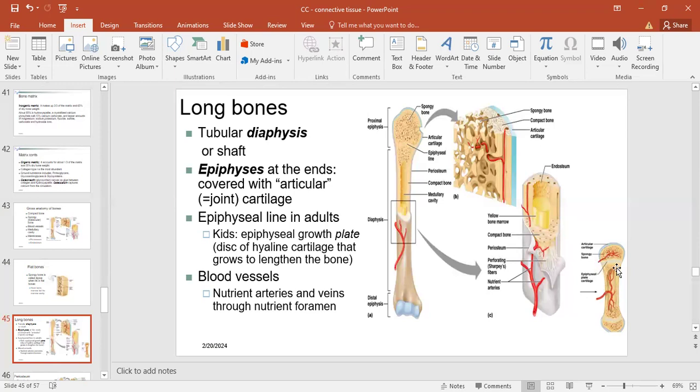Once you are done growing, there's just going to be a line, which is called the epiphyseal line. So that is what that is.